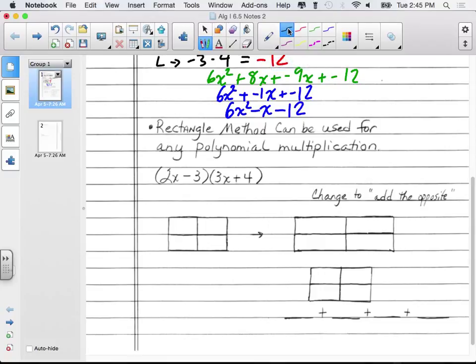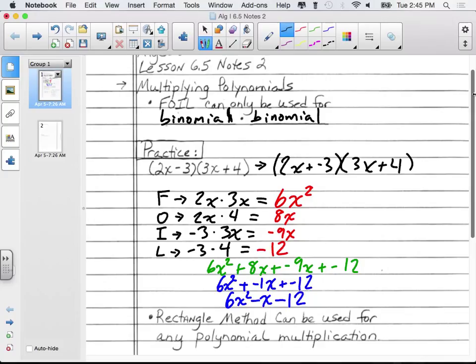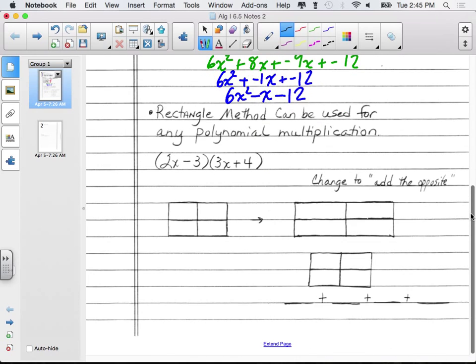It's algebra and geometry, all meshed together in one. So the rectangle method can be used for any polynomial multiplication. So, up top, FOIL can only be used when we do what? Binomial times binomial. With the rectangle method, we can do any type of polynomials.